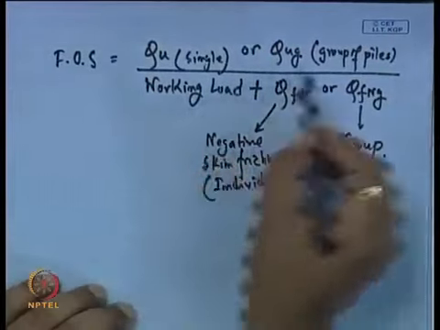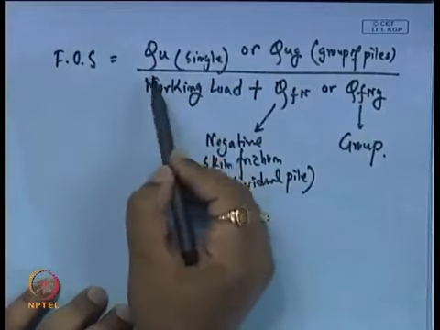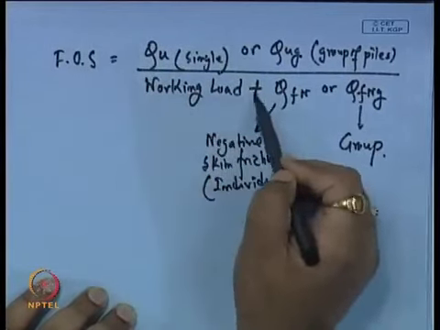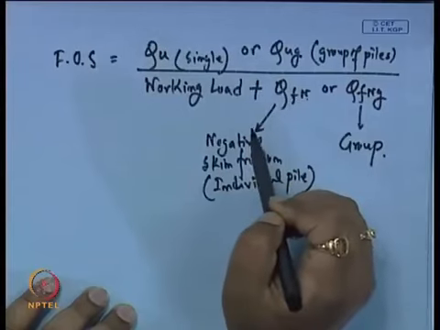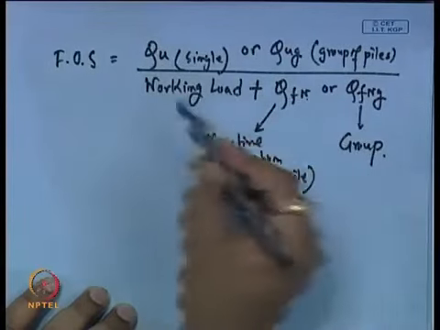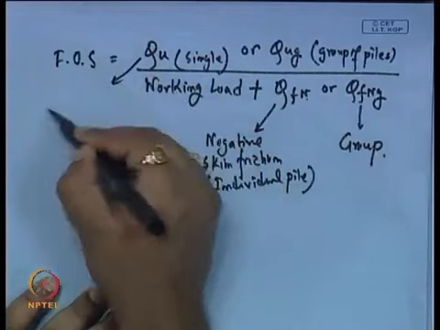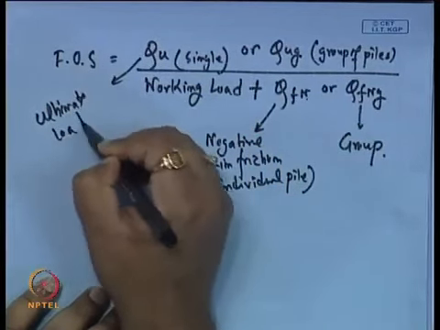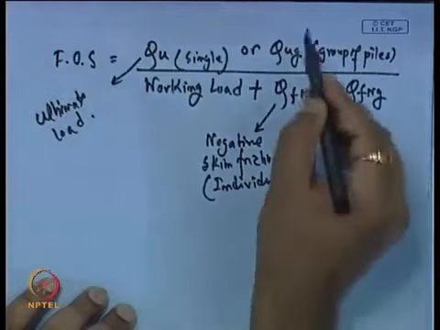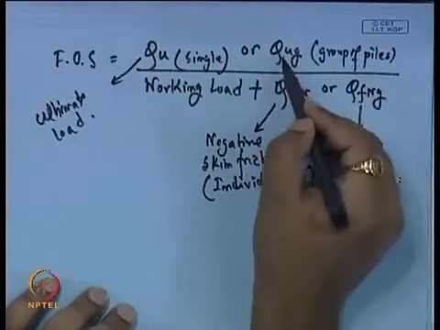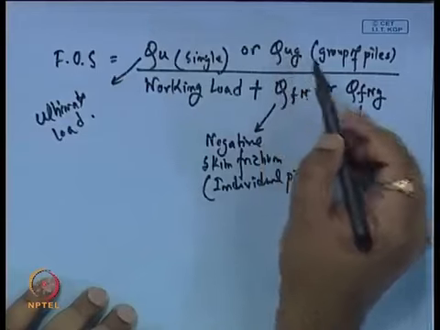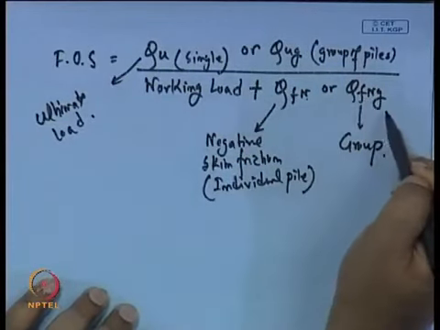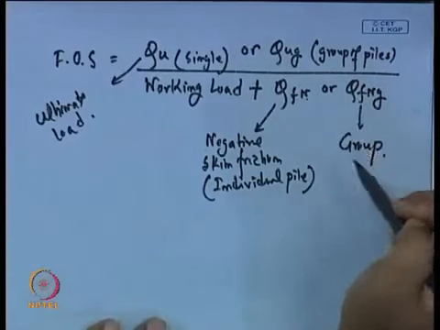So, if you want to calculate the single pile factor of safety, then this will be Qu divided by working load plus Qfn. This is the ultimate load. And if we are talking about the group pile, then this will be Qug, the group pile ultimate load, divided by working load plus Qfng, negative skin friction in group.